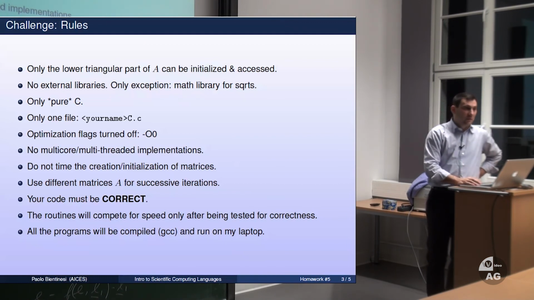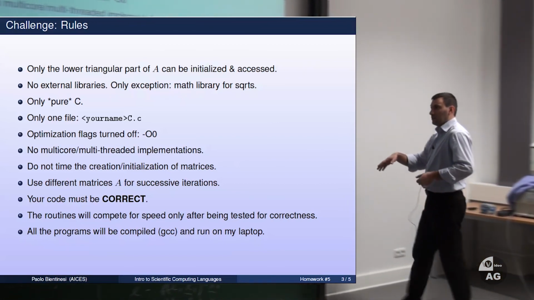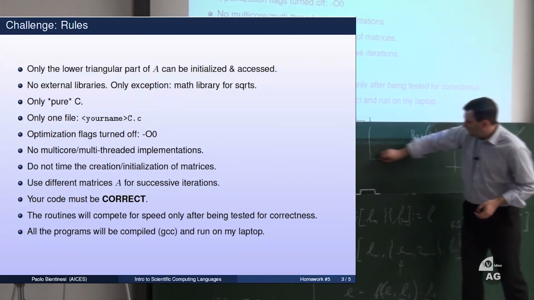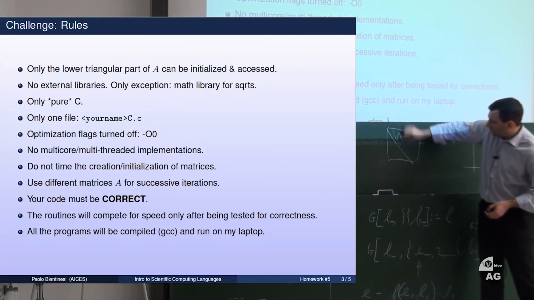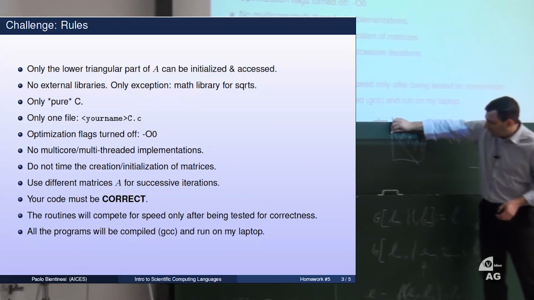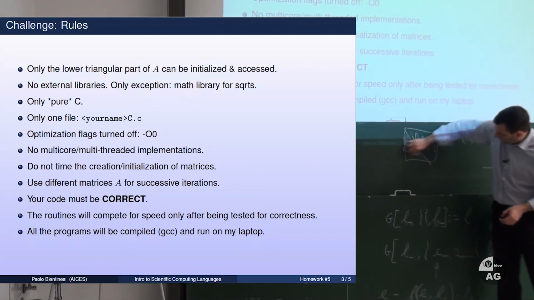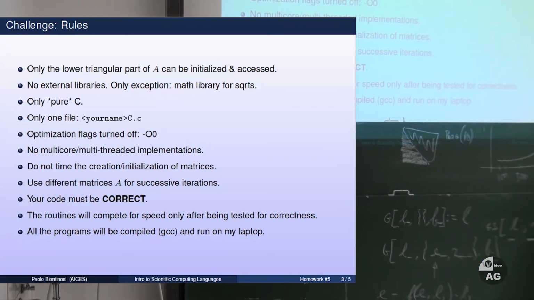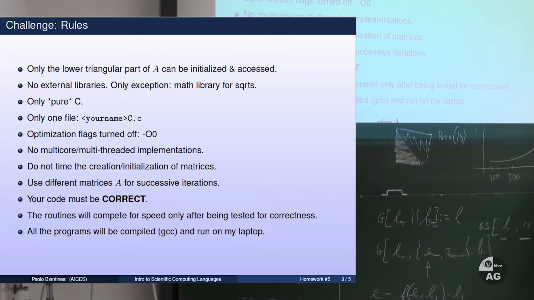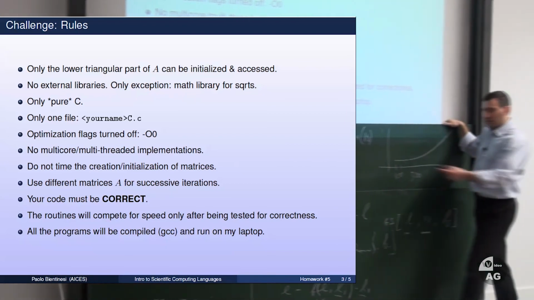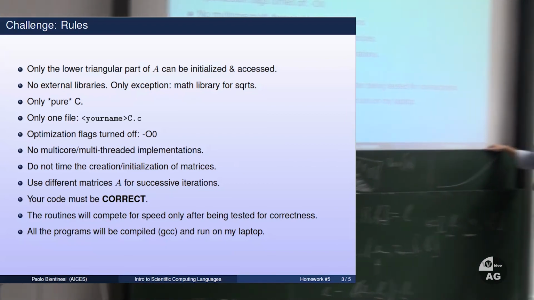As we have seen in the MATLAB assignment, we never really worked on the upper triangular part of the matrix, so you are only allowed to access the lower triangular part. The input matrix is symmetric, sure, but you only store the lower triangular part. Likewise, your algorithm can only access the lower triangular part.